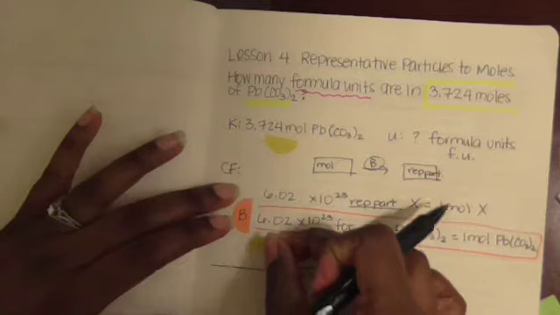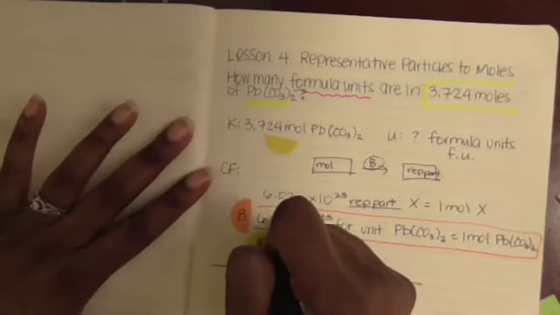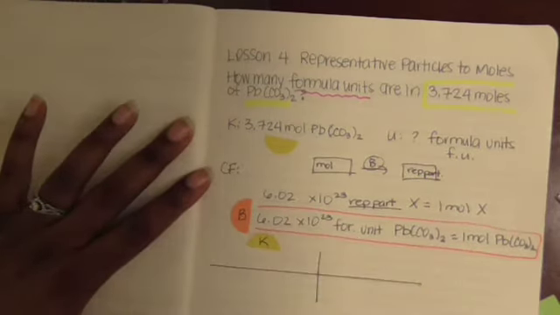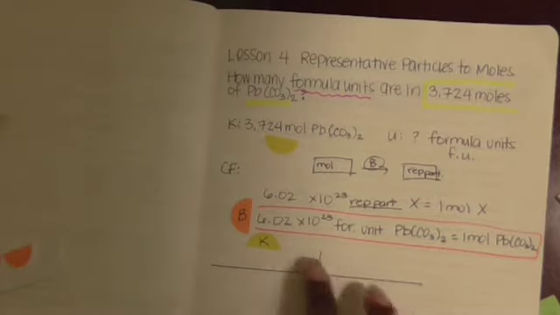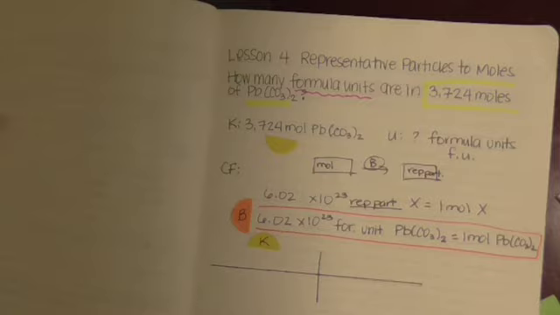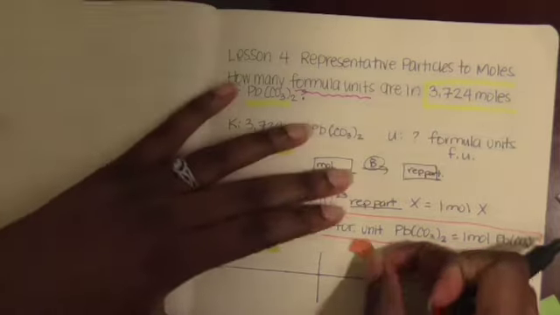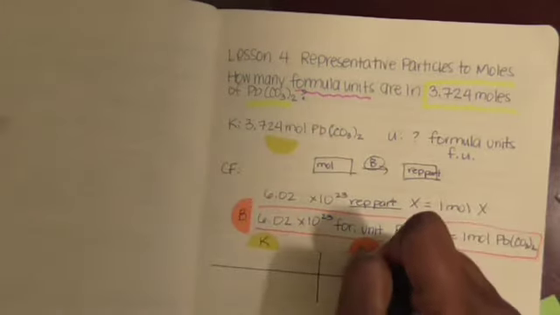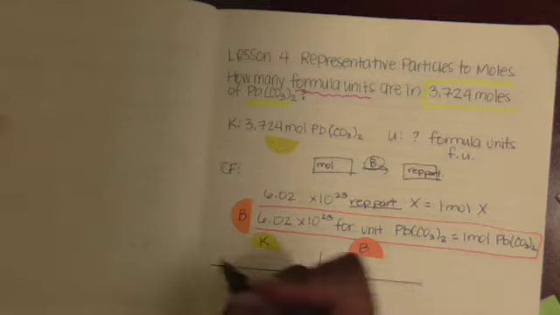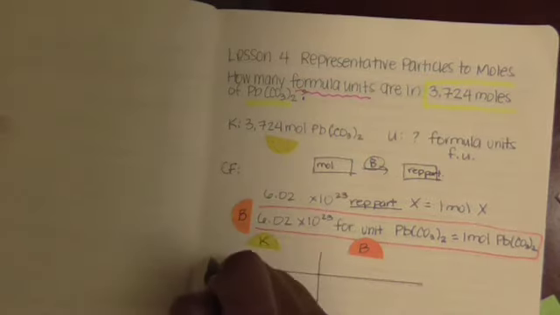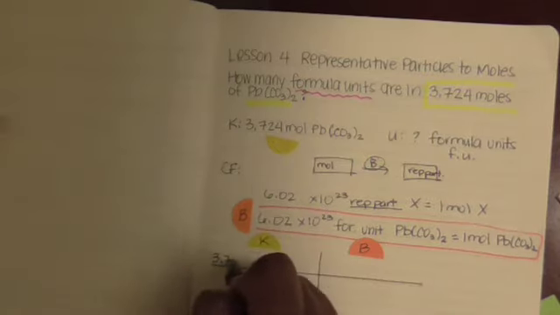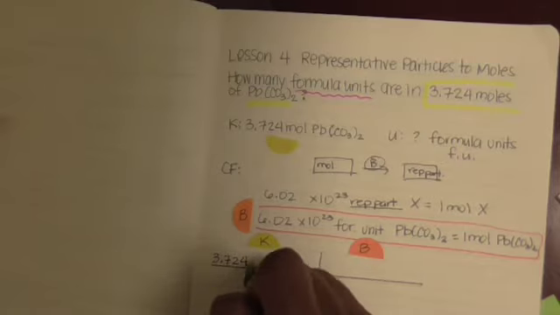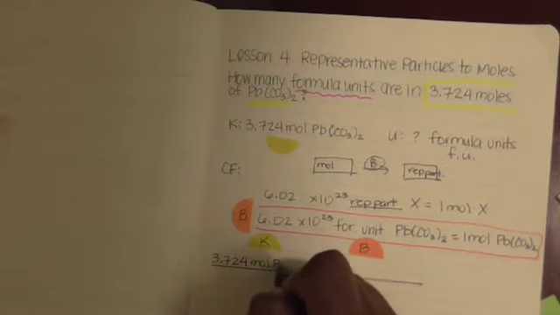So here is where we're going to put our known, because our known always goes in the first block, and it almost always will go at just the top. When you get into physics and a couple later things in chemistry, sometimes it will involve the bottom, but not for now. Then here, we're going to put our B, and we're going to wind up with just filling in our numbers: 3.724 moles.